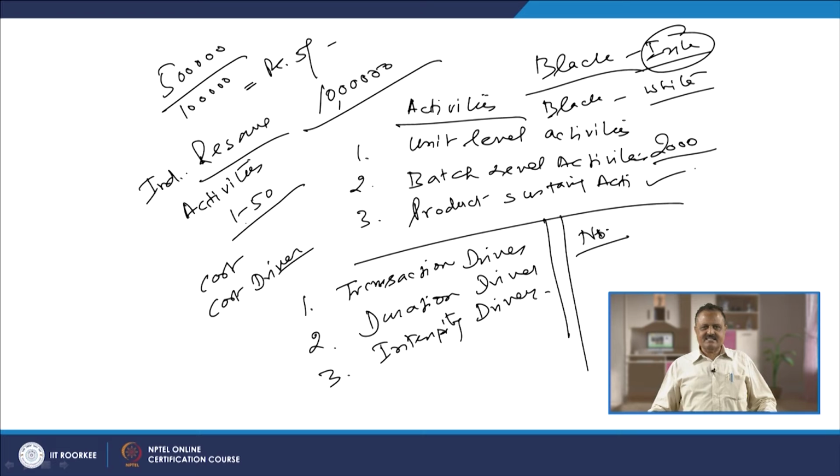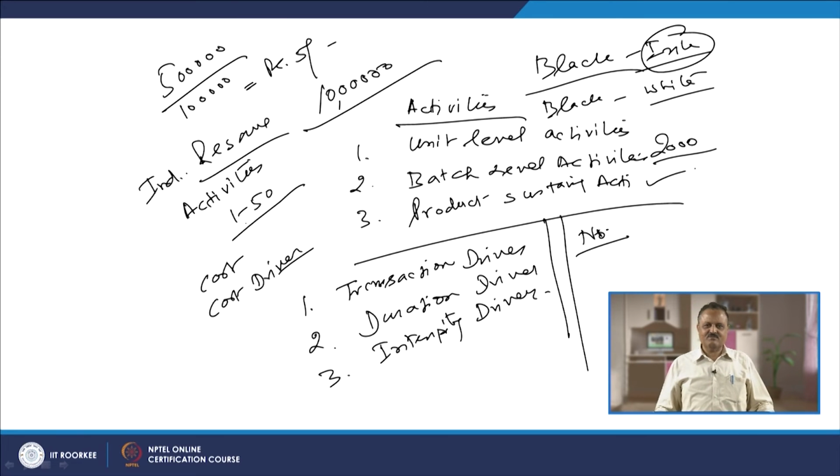But intensity drivers are required depending upon the intensity of the product sustaining level of the product, to find out how much extra effort we have to make, and accordingly we calculate that cost and apportion it only to those products which are the unique products, specially ordered and specially desired products.